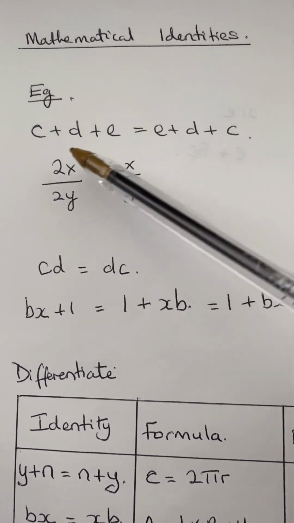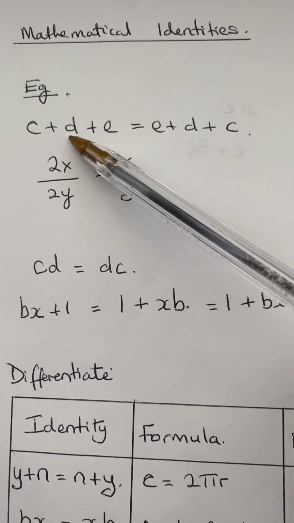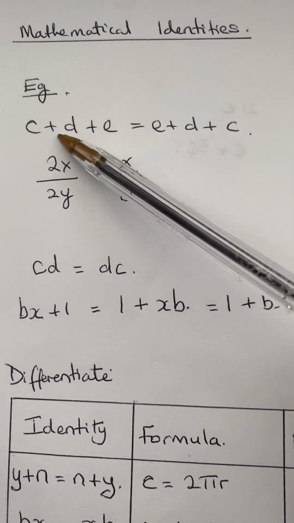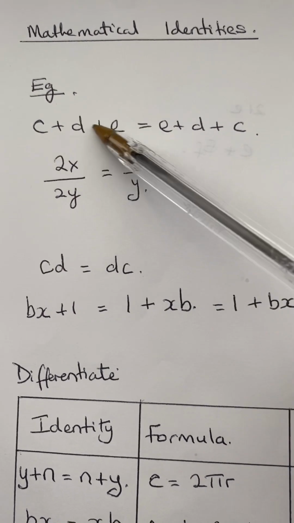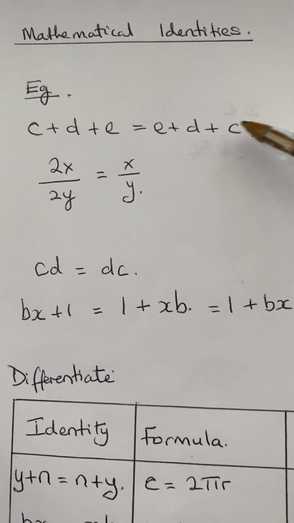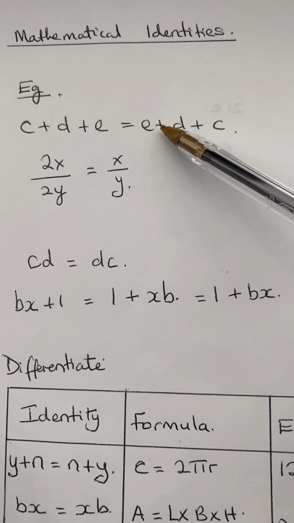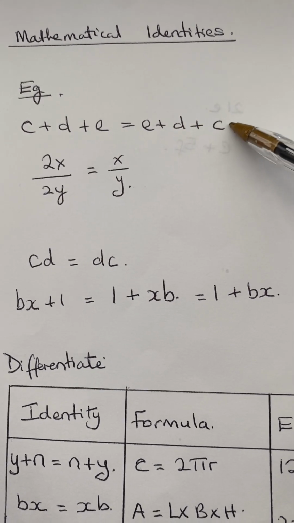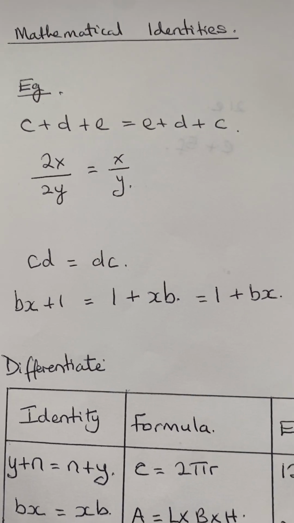If I put c in this part and d and e, assuming I knew what they are in this part of the equation, it will still be the same as putting e plus d and c. Is the same thing.